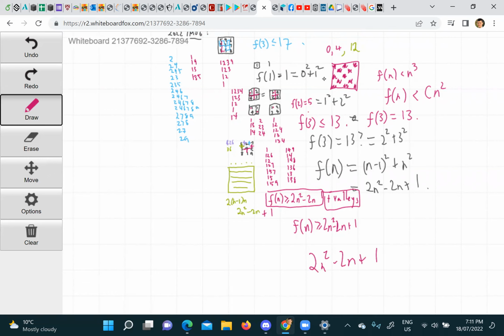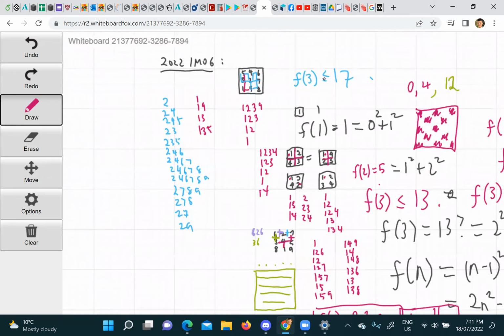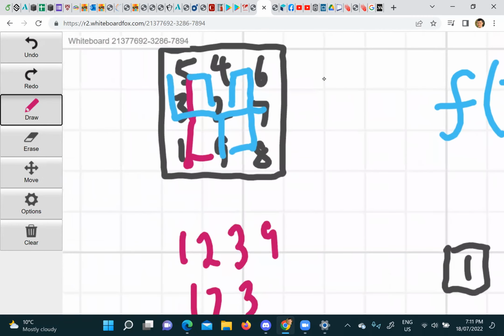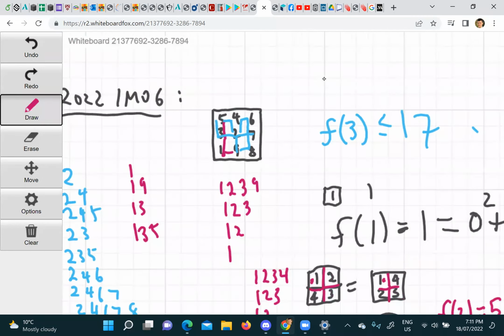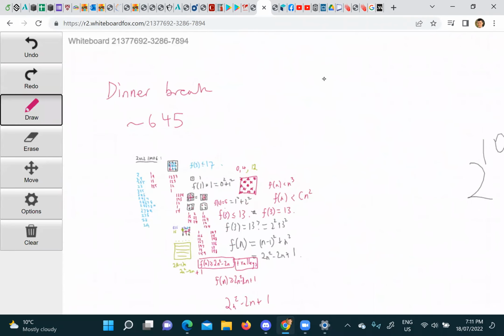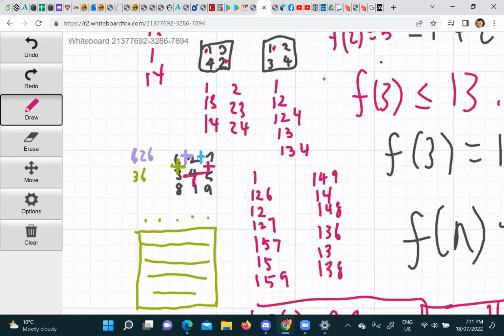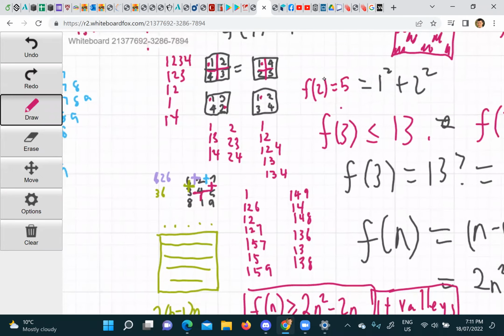So why did this one get 13? Which one was the one that got 13? Did I erase it? It had a 1 in the middle.